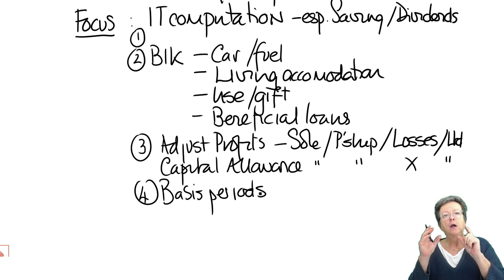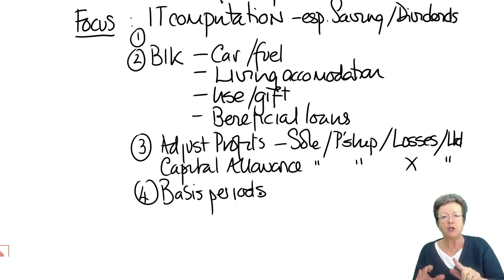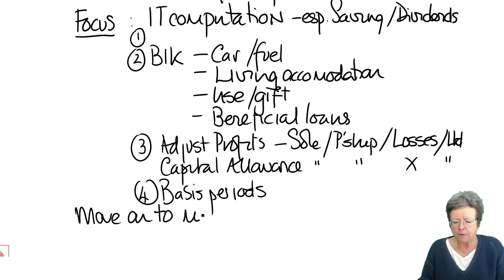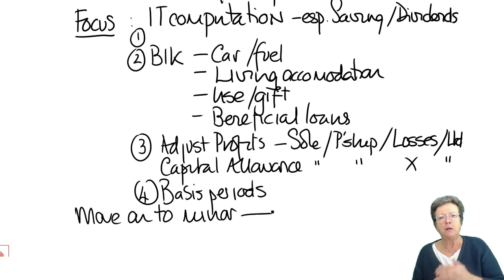When you are confident that you can do those, and you have this, I know what I'm doing, then you can move on to the minor topics. But don't waste time learning minor topics when you can't do those 4 main things. Okay, so that's your focus.